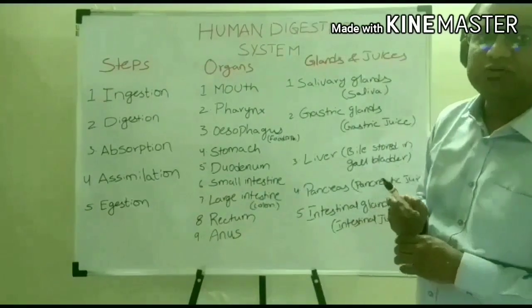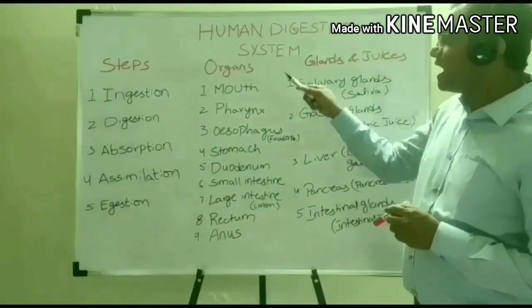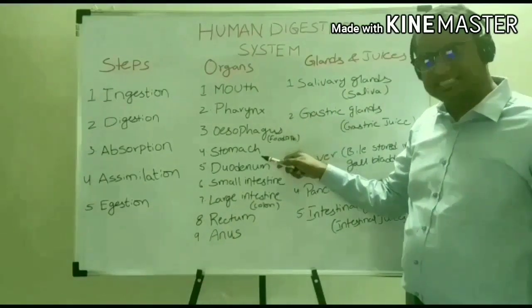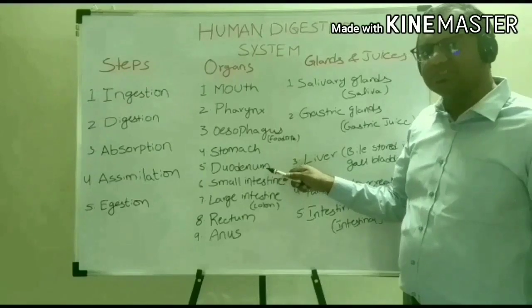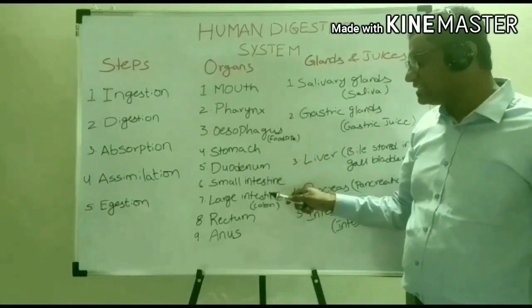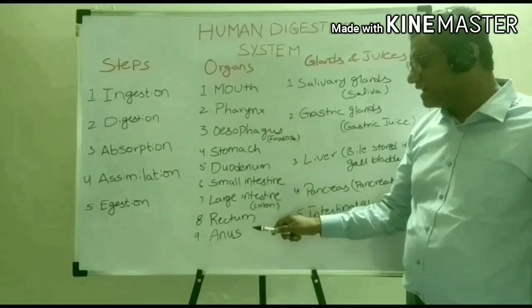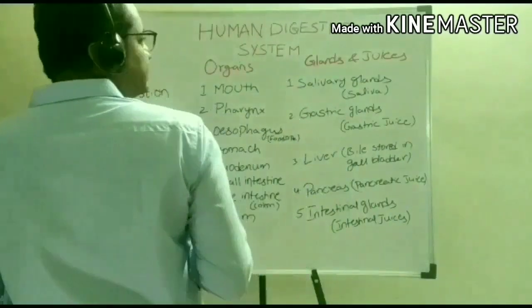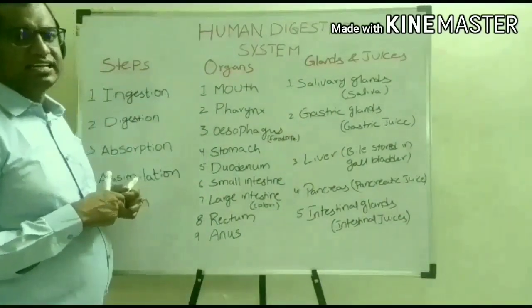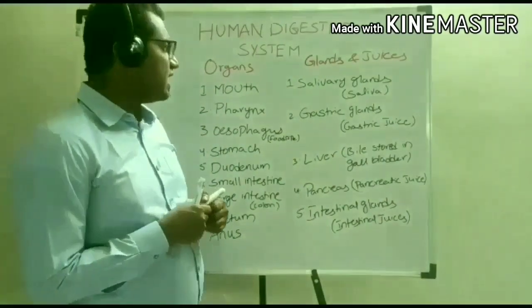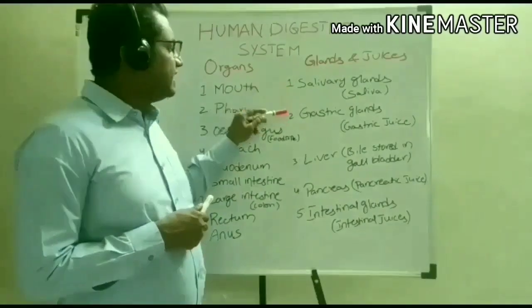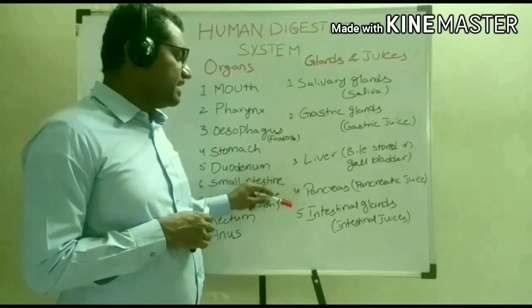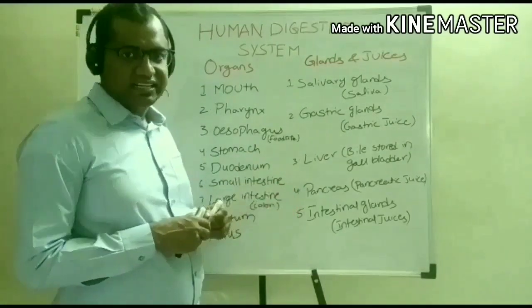The organs involved in this process are the mouth, pharynx, esophagus, stomach, duodenum, small intestine, large intestine, rectum, and finally the anus. The glands involved in the digestive system are the salivary glands, gastric glands, liver, pancreas, and finally intestinal glands.